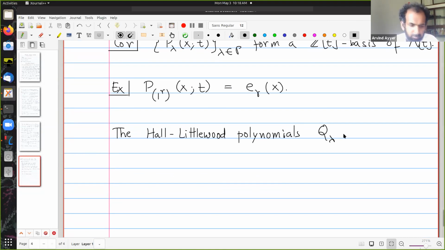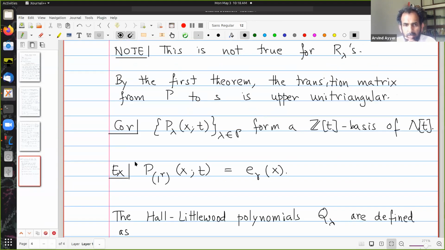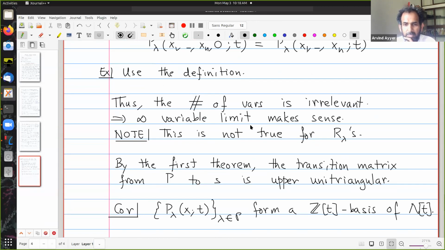Q lambda are defined as, I mean, this is the other way to rectify the problem of the non-stability of R lambda. Remember I said R lambdas are not stable.